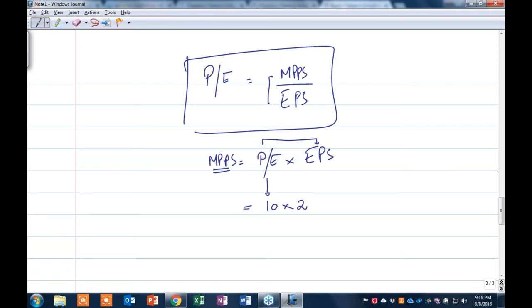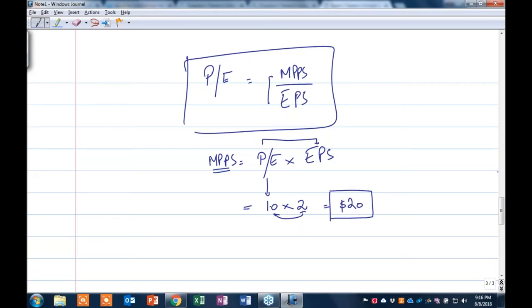It means that the investor is willing to pay 10 times of the earnings as the price. So if the earning of a company is 2, its 10 times will be equal to 20. So the share will have a market price of $20 as per the PE ratio. In this way, we can calculate the price of the company.